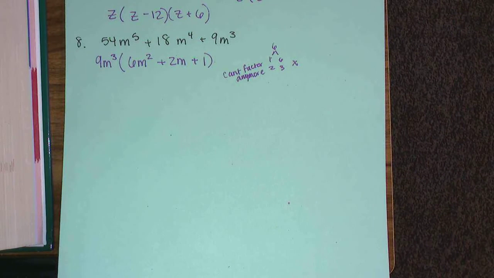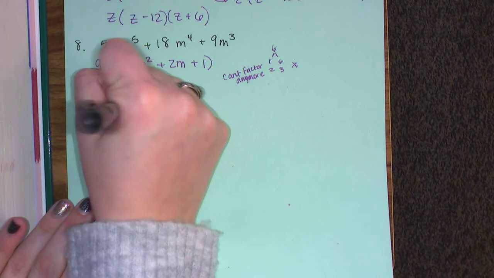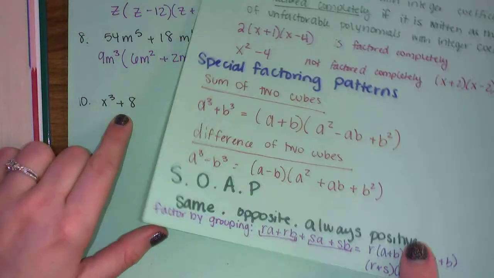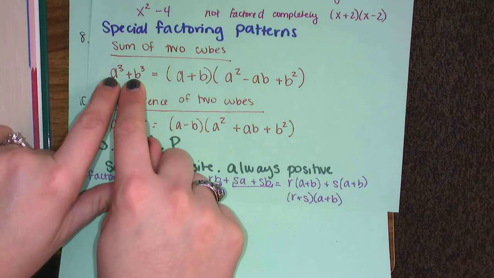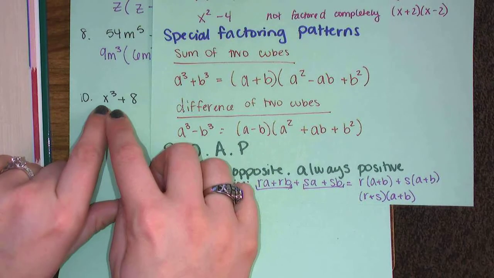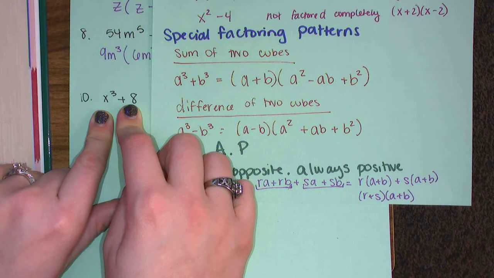So, number 10, x cubed plus 8. This is following the sum of cubes pattern, because it's positive, it's being added. Notice this is a cubed plus b cubed. So we need to think about, we have x cubed, and then this isn't cubed, so what is it? 2 cubed.